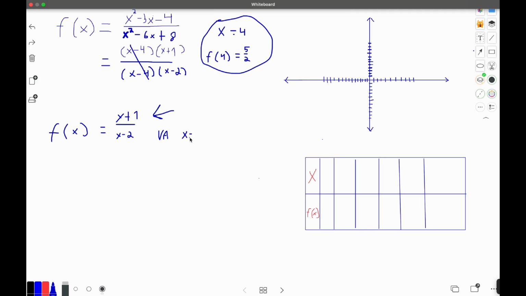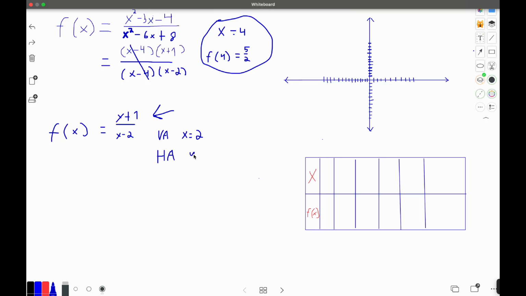Now, if you look at this graph, you'll also see that the degree of the numerator is the same as the degree of the denominator. That means our graph is going to have a horizontal asymptote. To determine the asymptote, we'll have to look at the leading coefficients of the numerator and the denominator. Since the degrees are the same, the horizontal asymptote is y equals the leading coefficient of the numerator divided by the leading coefficient of the denominator.